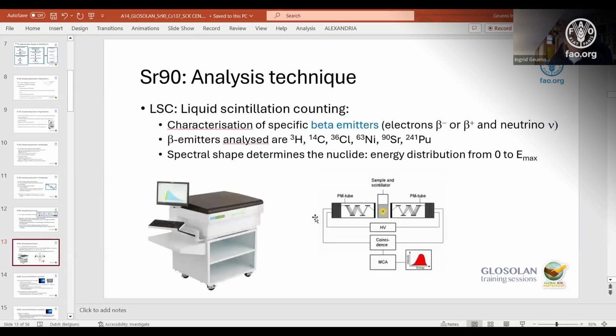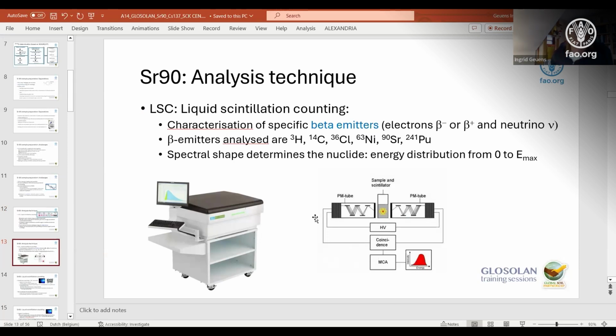So liquid scintillation counting is used for the characterization of specific beta emitters. So all those that deliver, let's say, an emission of electrons, positrons, and of course, always also the antineutrino, and the neutrino is emitted.